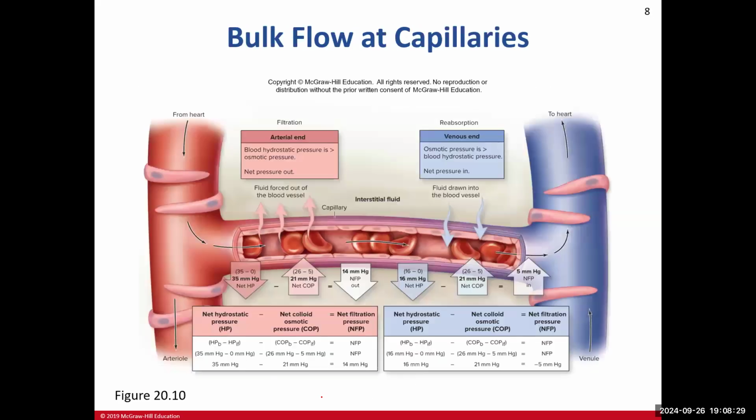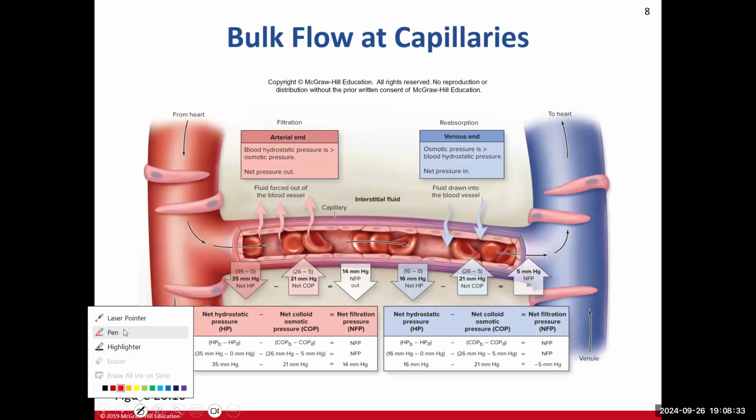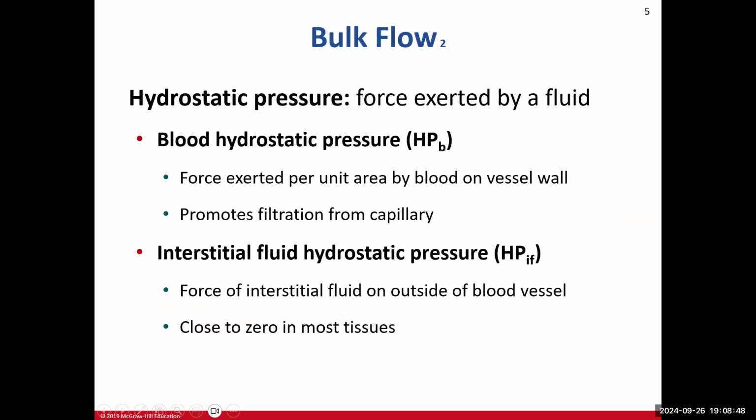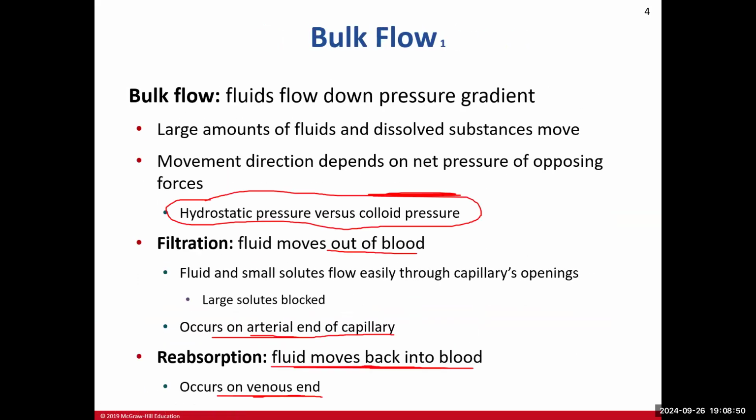And I think I got a picture here somewhere. There you go. On the left side, this is the arterial. Here's the venule. So fluid is going to try to leave the capillary here, and then it's going to come back over here, back inside the capillary.